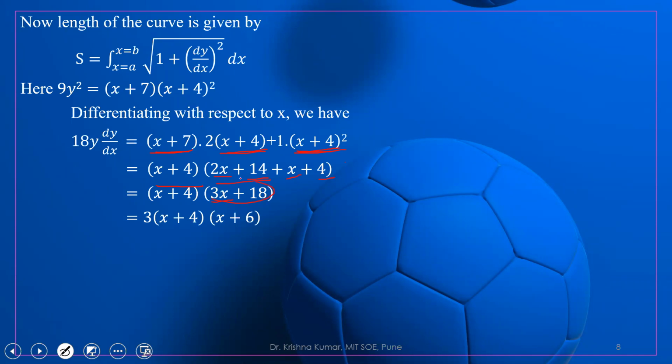We have taken 3 outside from the second bracket. So 18y dy/dx is 3 times (x plus 4)(x plus 6), so dy/dx is that divided by 18y. Again 3 and 3 cancel, and we get (x plus 4)(x plus 6) divided by 6y.